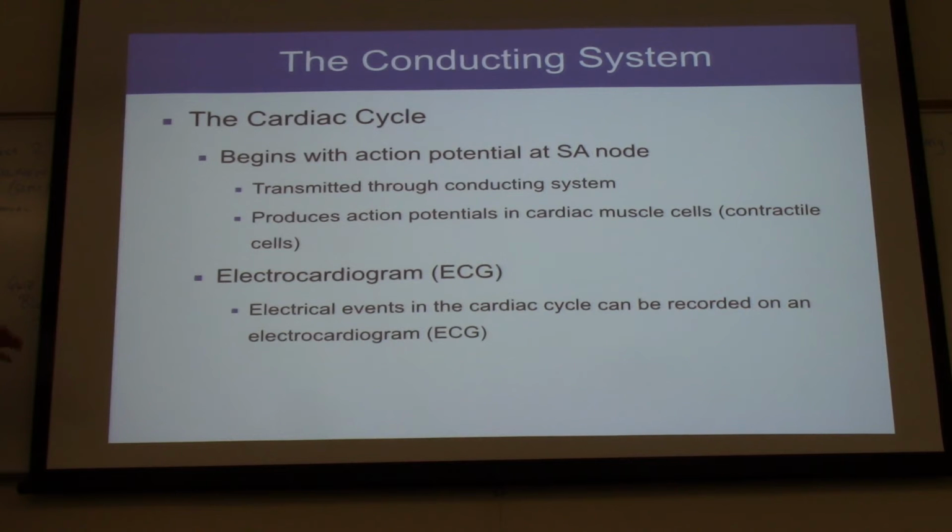We can look at that with great accuracy because of this test here called an ECG. Now, it really should be ECG, but everybody calls it EKG, okay? There's no difference. We just always refer to them as EKGs. And you've probably heard it like that too. These are the electrical events that occur in the cardiac cycle that you can actually look at on a piece of paper.